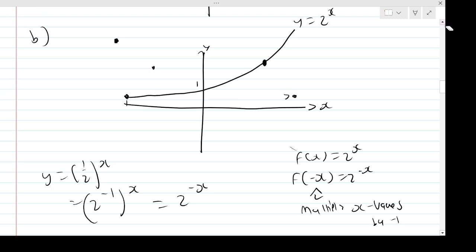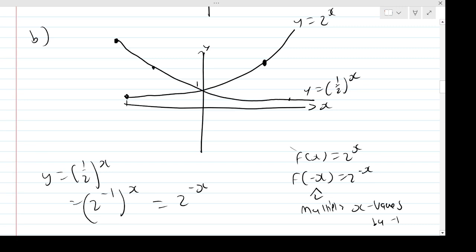So if I do a sketch between these 3 points, because the whole idea is I want to see where the points map to under this transformation, there we are. Well, obviously it'd be somewhere there, right? But there we are. That would be my graph y is a half to the x, which was the same graph, right? And you can see also that's a reflection in the y-axis.